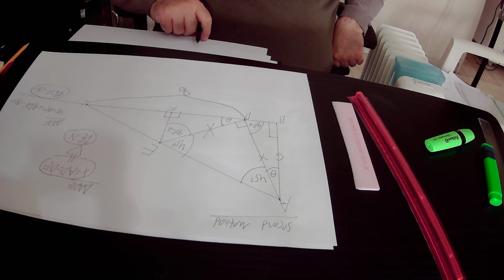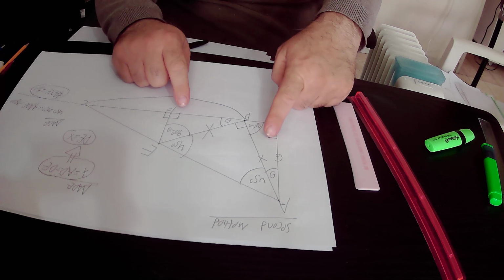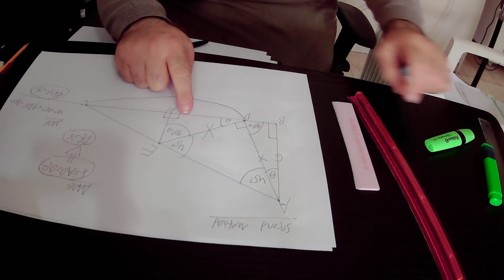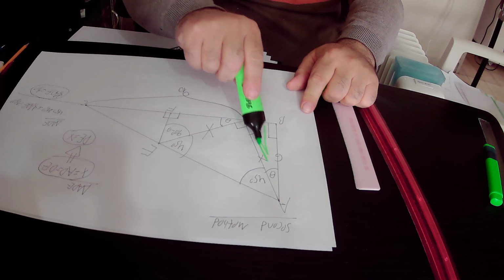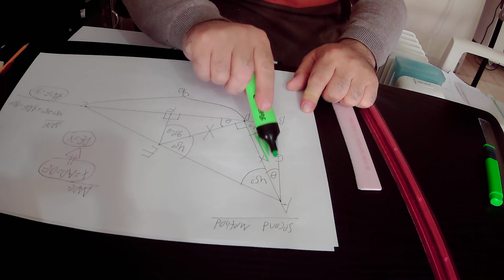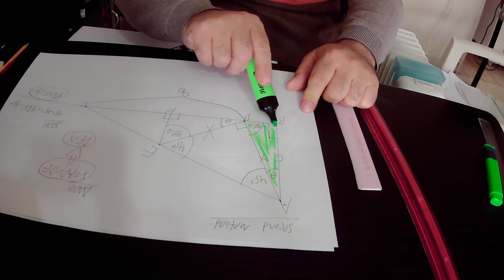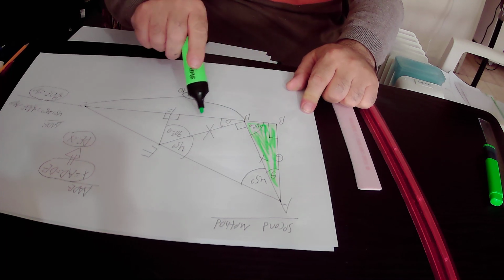In the next step, we'll prove that those two right triangles can go into each other. They actually can go into each other according to angle side angle rule, and we'll prove it.